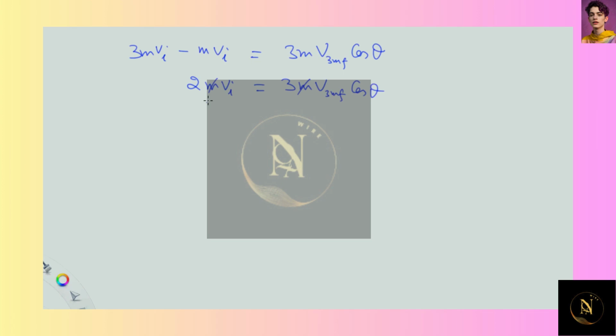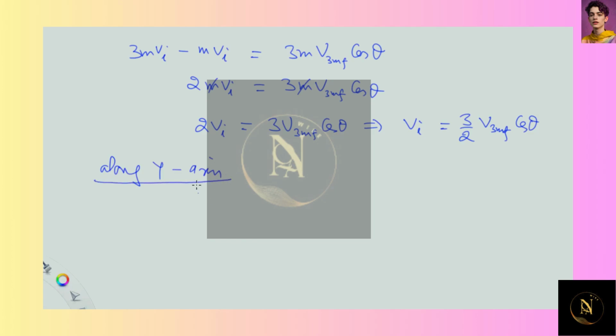Now we can cancel the mass here. So it becomes 2 vi is equal to 3 v3mf cos theta, or vi is equal to 3 by 2 v3mf cos theta. Now we will use the conservation of linear momentum along y-axis. As both the particles were initially moving only along x-axis, there was no initial momentum along y-axis, so this was 0.